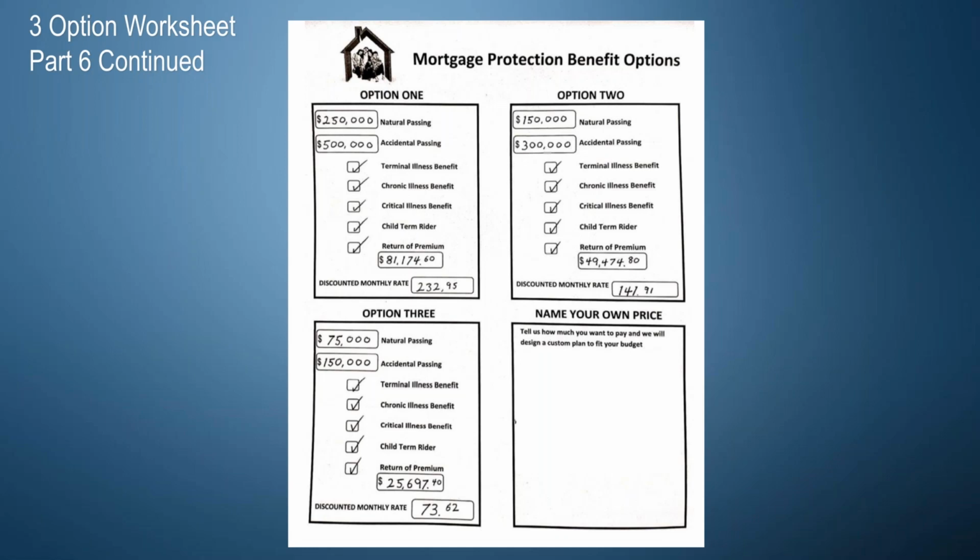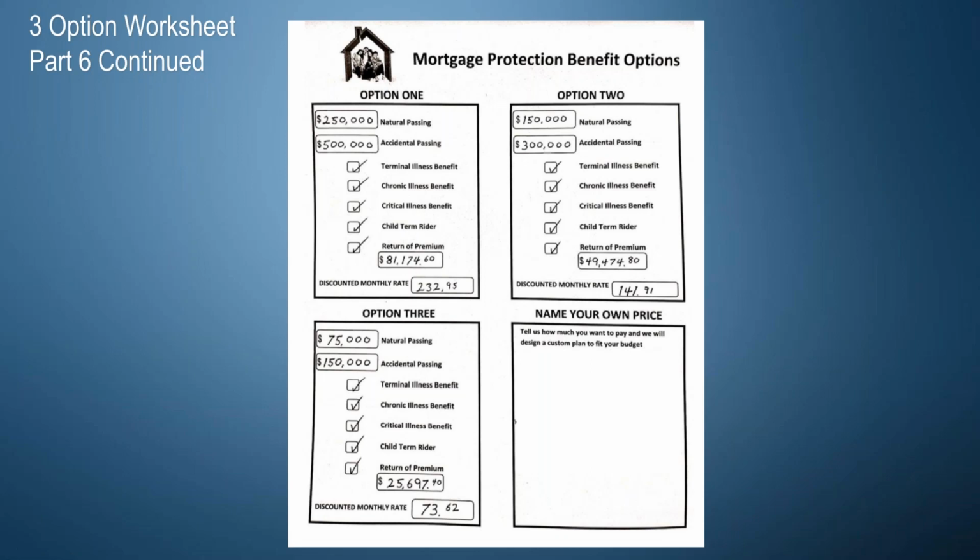So in this program, what you would need to set aside on a monthly basis to enroll would be $232.95. And at the end of the 30 years, you guys would get a check back for $81,174. And that benefit, that $81,000, is going to be 100% tax-free. There's no taxes on that.